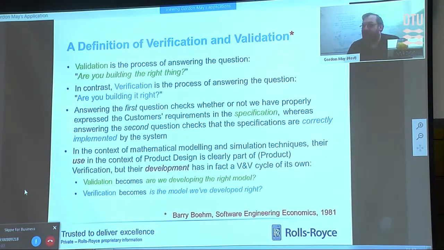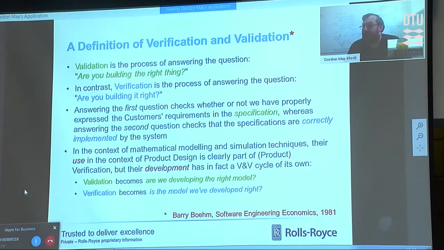Setting aside the poor English there, it's about understanding how we have understood the customer requirements and therefore defined a correct specification. That's the validation part. And then, given that specification, is the solution we develop correctly implemented? In other words, does it deliver to those customers?